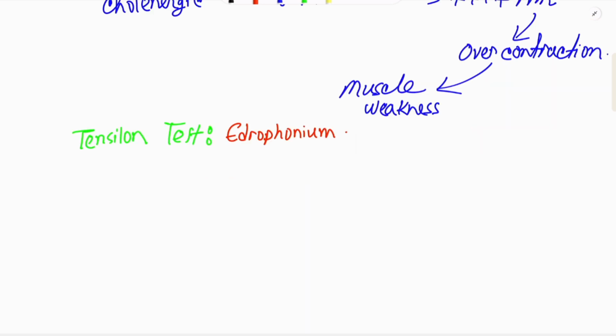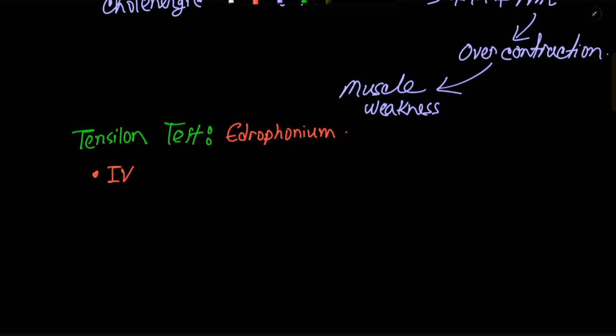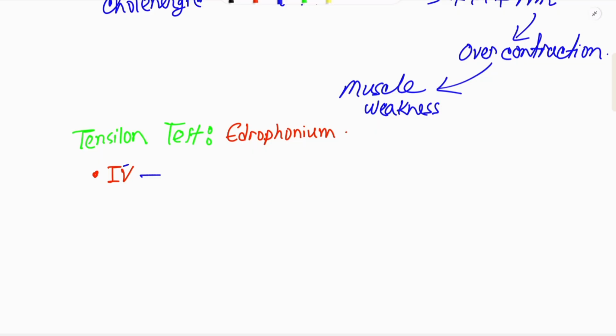At the beginning of the test, edrophonium is given IV. Why is it given IV? We previously discussed it is a water soluble drug. Edrophonium is a very short acting drug. It works less than 10 minutes in the body.